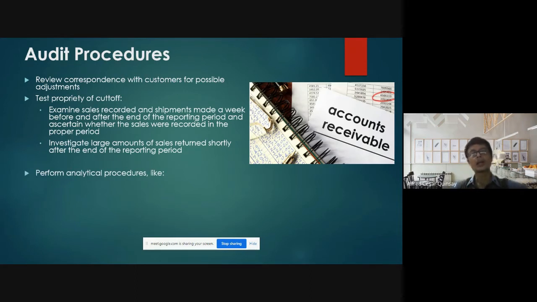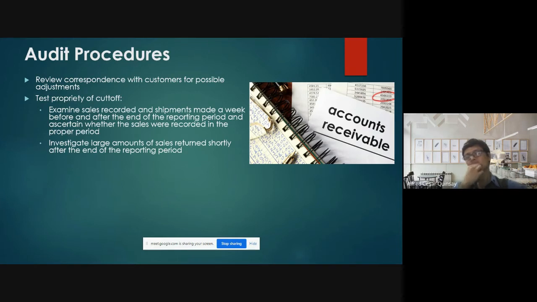Perform analytical procedures. Especially this one, I'd like to highlight it: investigate large amounts of sales returns shortly after the end of the reporting period.